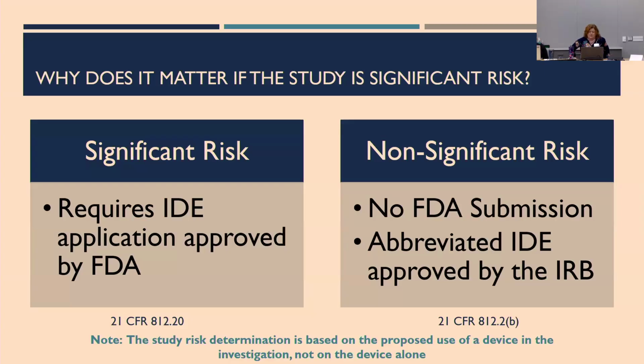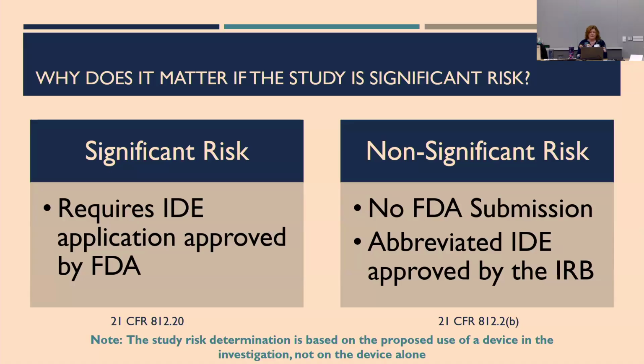The important thing to know here is that a significant risk device study requires a full IDE application to be approved by the FDA and by the IRB, of course. Whereas a non-significant risk device study does not require that full IDE. It just requires approval of the study by IRB after they've made this determination, and it's included in the minutes that it's a non-significant risk device.